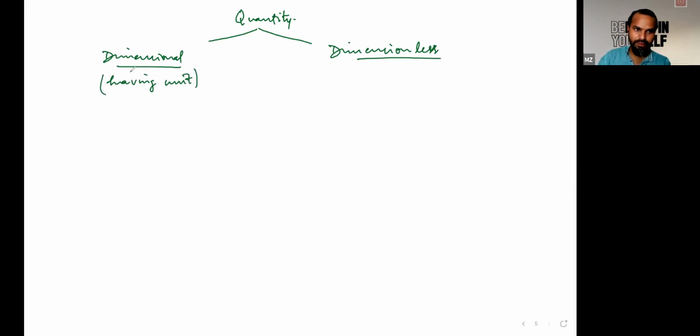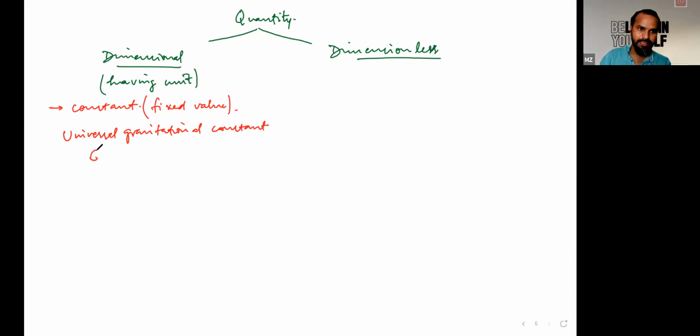Now, if a quantity has some unit, it will be of constant value, or we can say it would have a fixed value in the whole universe, in which the first term would be universal gravitational constant.